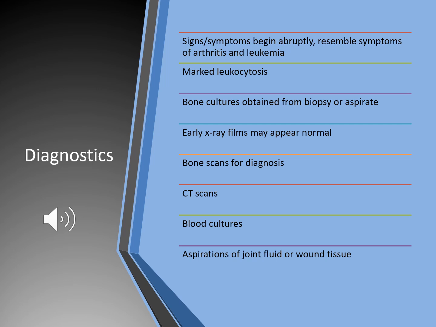Your C-reactive protein and your sed rate just tell you that there's inflammation occurring. We can also do blood cultures, and that's really just to look for that offending organism so that when we do management, talking about therapeutic management, we can target the right antibiotics for the offending organism. We can also do CT scans. Those can help show us the early bone changes when those x-rays appear normal.